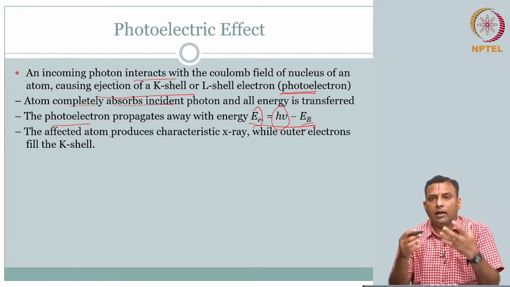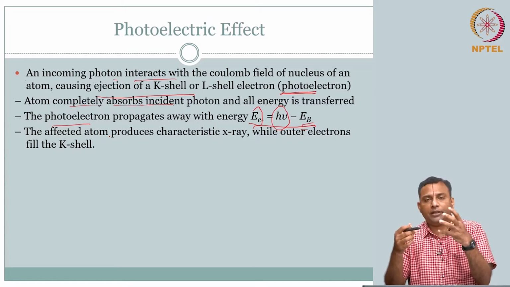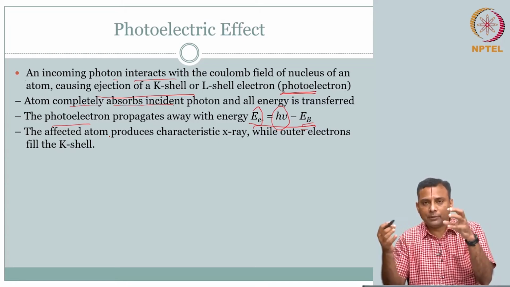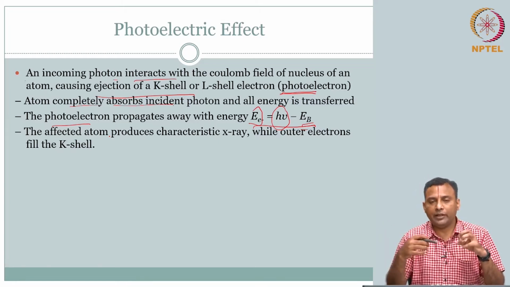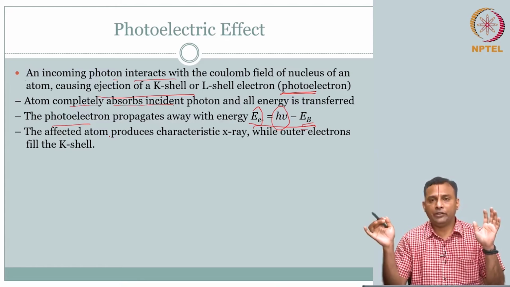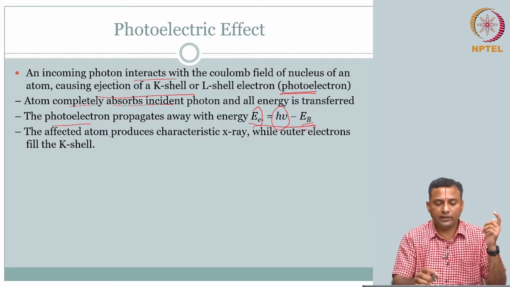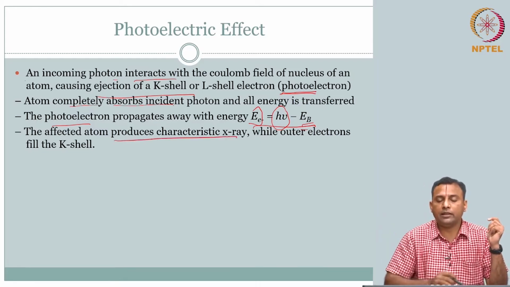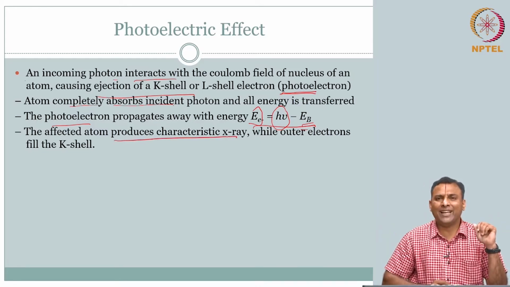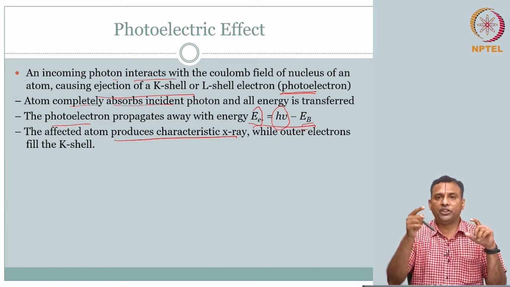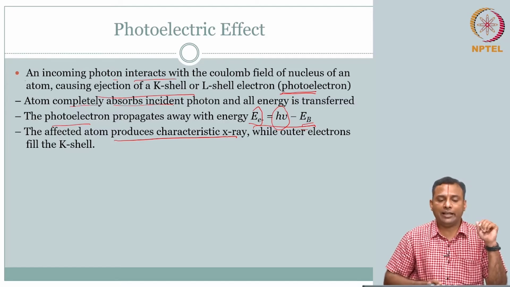So, after that what happens? The affected atom comes back to its ground state. When it tries to come to its ground state, it releases energy, and that energy is in the X-ray range. We talked about why it is characteristic X-ray, depending on which electron, which shell is migrating and the rearrangement pattern.